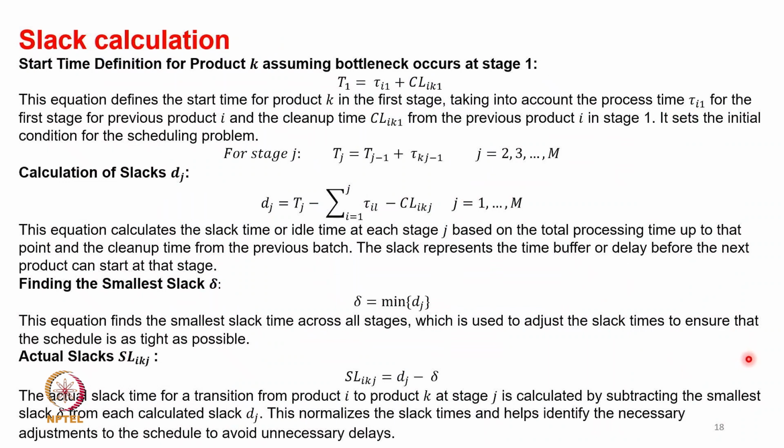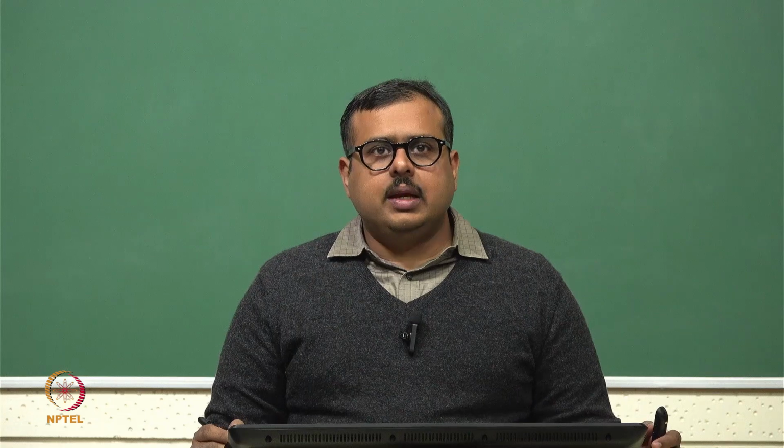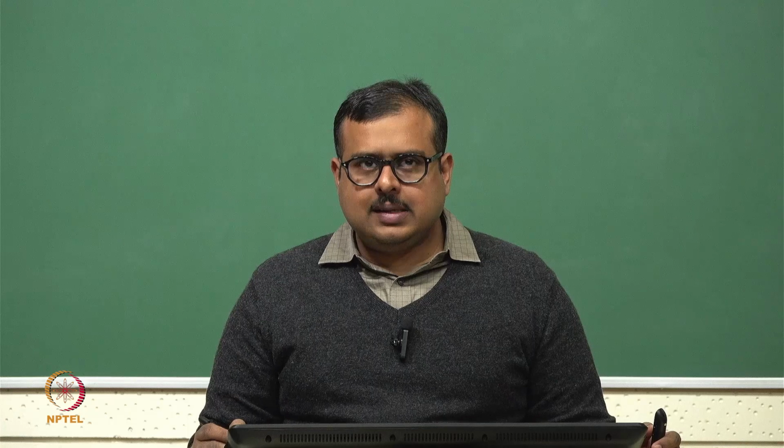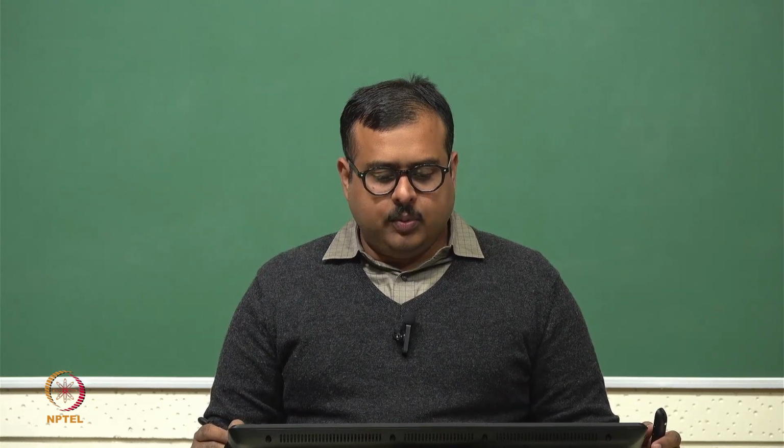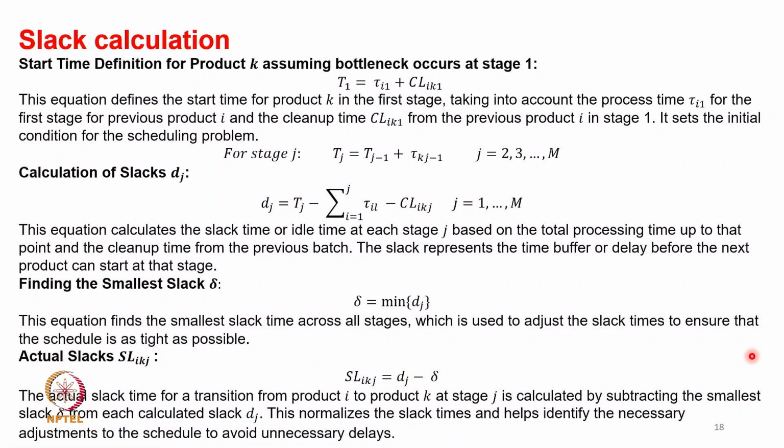And how do you now? So the next part of the lecture would show how to systematically calculate the slack time. So we need of course to define a start time for the product K, assuming that the bottleneck occurs at stage 1. So let's assume that T_k1 is equal to T_i1 plus CL_ik1.